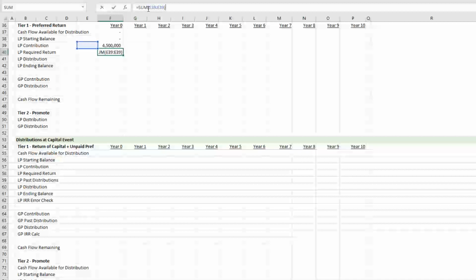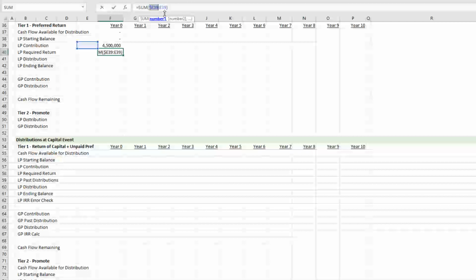So in this case, I go sum E39 through E39, and then I lock in the very first half of this range, go F4 1, 2, 3 times. What that does is simply lock in the column but leave the row relative, and I can then borrow this formula and use it below if I want.